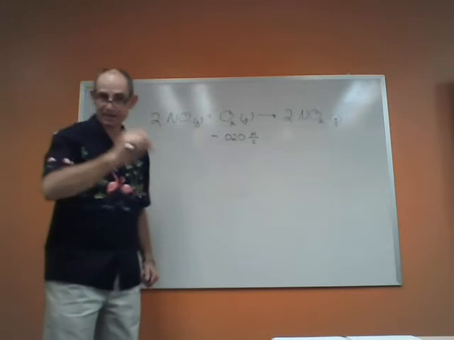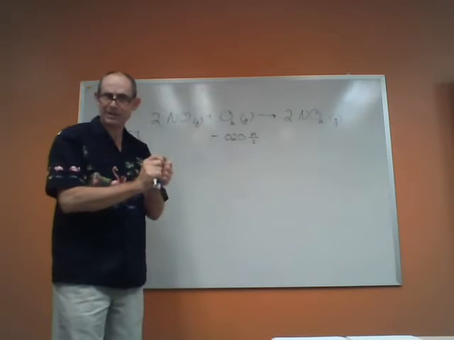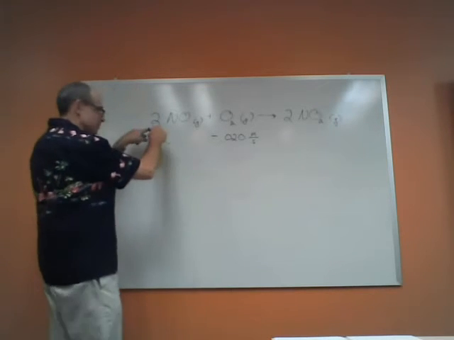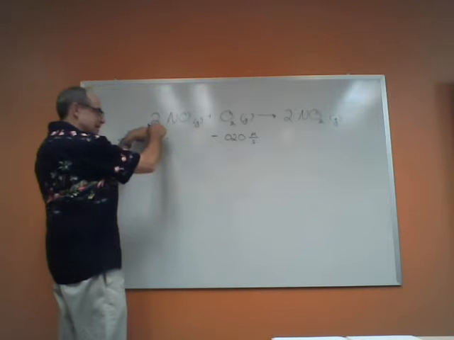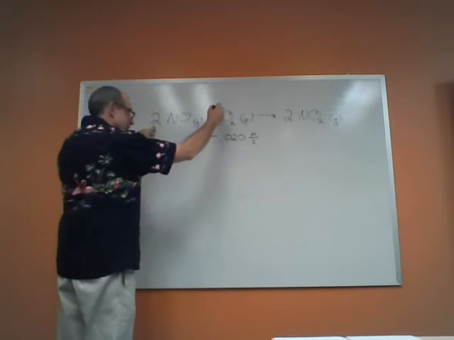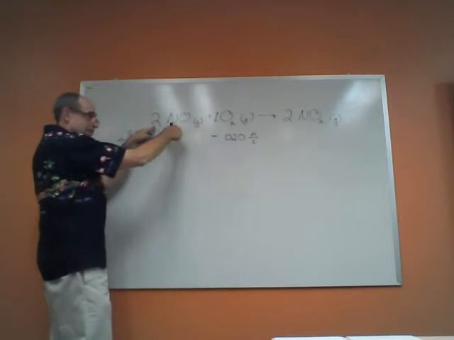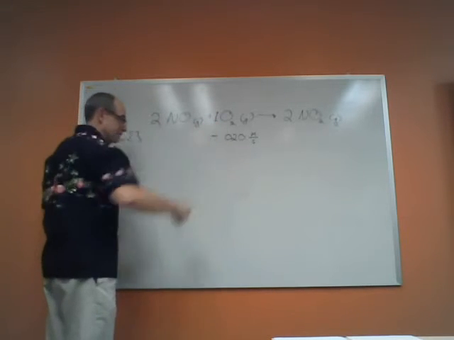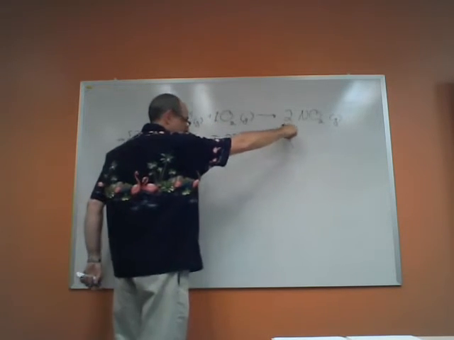And this looks like a kinetics question, but it's really not. It's a stoichiometry question. Because what I need to understand is that this balanced equation tells me that I use up 2 of these nitrogen monoxide molecules for every 1 oxygen molecule, and I form 2 of those.